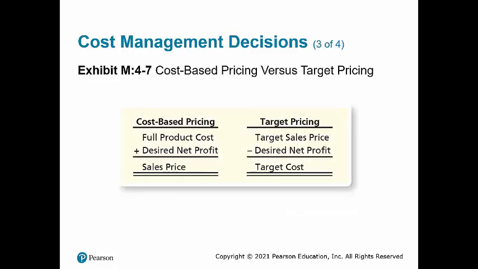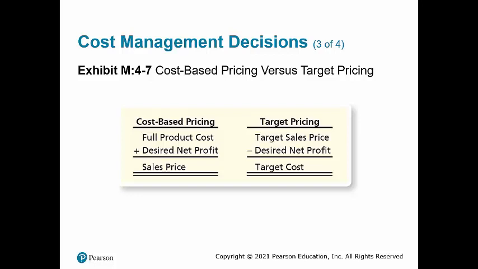So this slide just compares cost-based pricing to target pricing. Under cost-based pricing, as we said, we take the full product cost, the cost to develop, produce, and deliver the product or service, and then add to that the desired profit to determine the sales price.